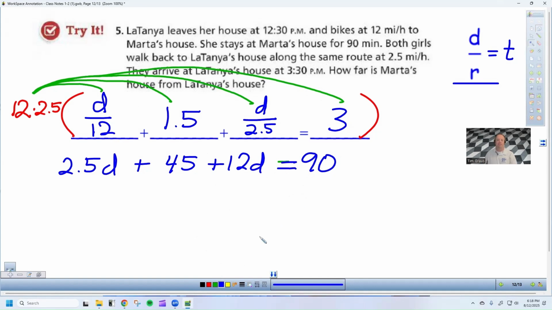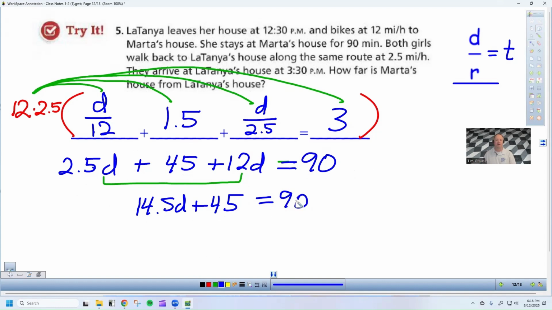So here's the equation I need to solve: 2.5d plus 45 plus 12d equals 90. Well, let's use our equation solving flowchart. We're going to combine some like terms. Those two like terms will add up to 14.5d. We still have a 45, and this is all adding up to 90.